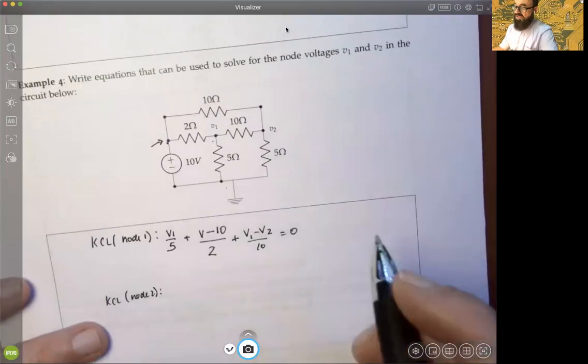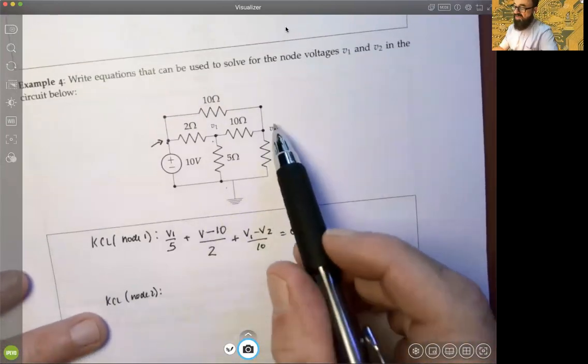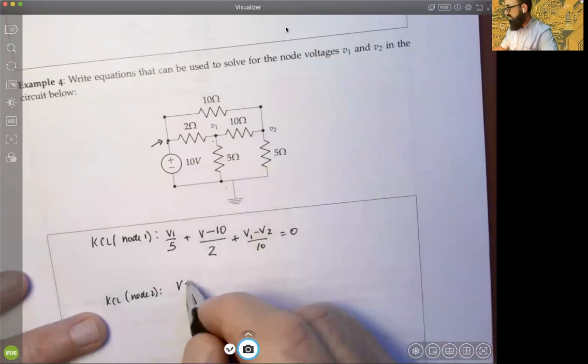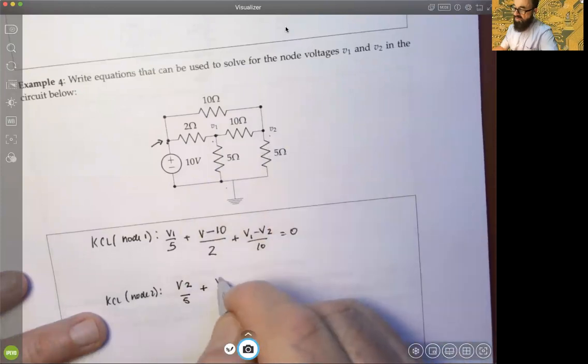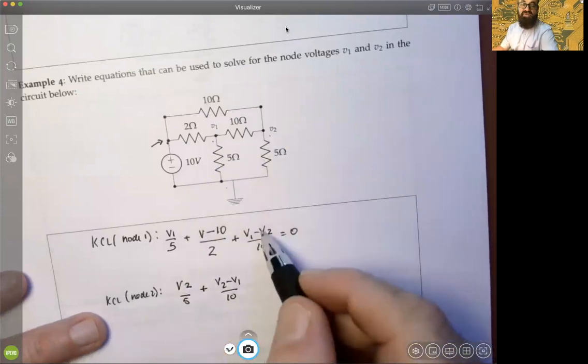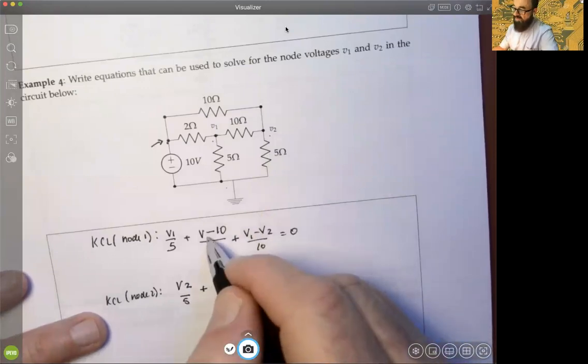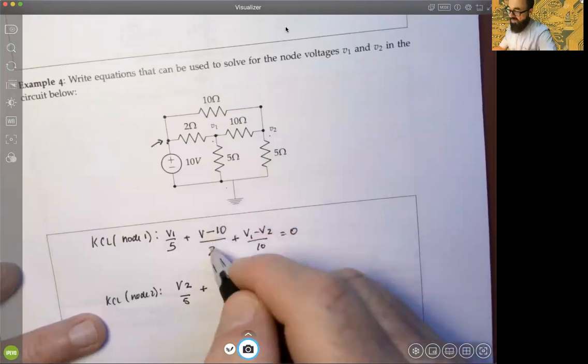The next equation we get for node 2: let's go from the node to the ground again. That gives us V2 over 5. And let's go to the left, V2 minus V1 over 10. You can see almost the same term there, just the signs are flipped. Oops, that should have been V1 up there, correct?